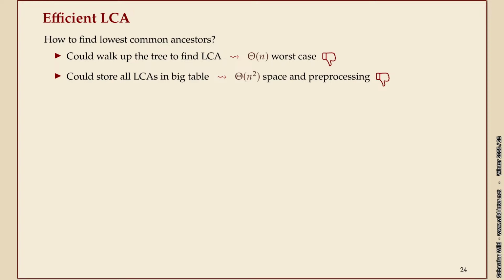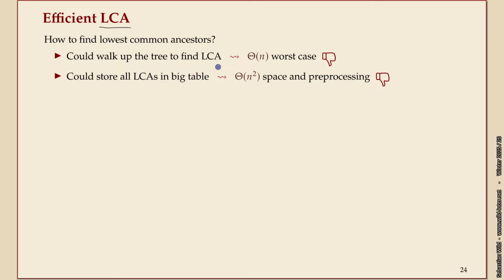Now there's two black boxes. We've gone from the single black box of longest common extensions to building the suffix tree, which I haven't told you how to do, and then we also need to find lowest common ancestors, which we haven't talked about yet. Now you could take two leaves and just walk up the tree step by step until you meet.